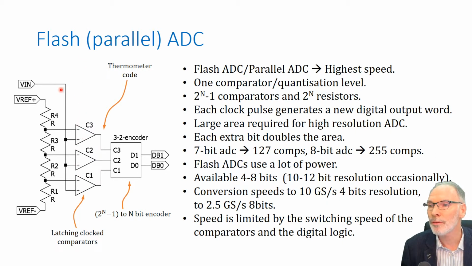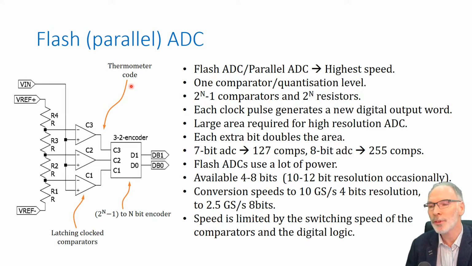So if you can imagine Vin rising and falling in value between 0 and Vin full scale, what you should see at the output of this column of comparators is a column of 1s rising and falling as Vin increases and decreases. And that's the reason why the code coming from this column or bank of comparators is referred to as a thermometer code.